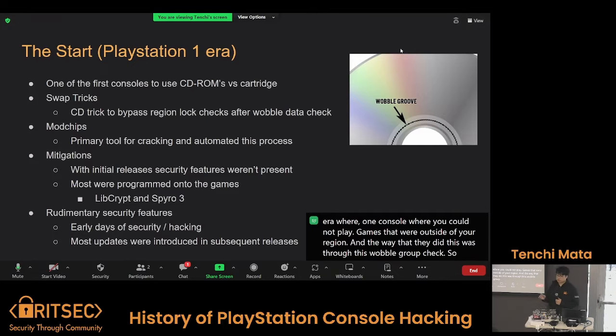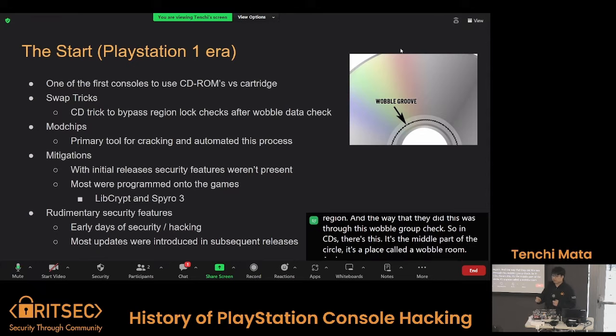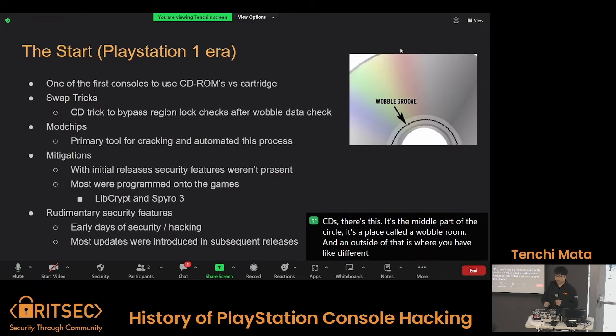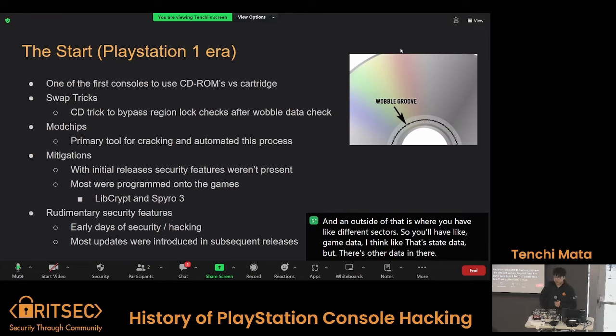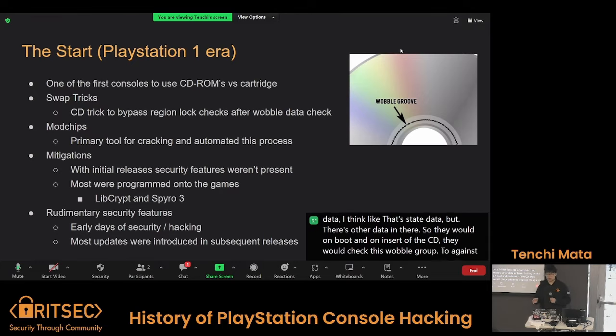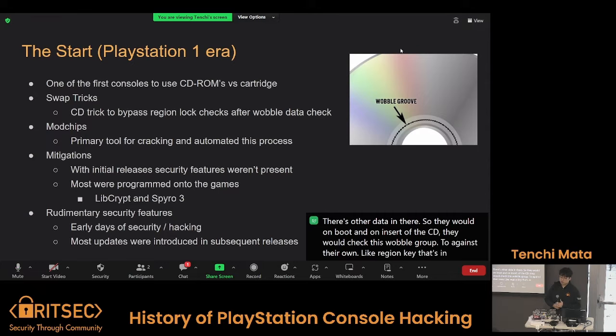In CDs, the middle part of the circle is called a wobble groove, and outside of that is where you have different sectors with game data and other data. On boot and on insert of the CD, they would check this wobble groove against their own region key that's inside the console. And so what you could do was swap the CDs while the game was booting.